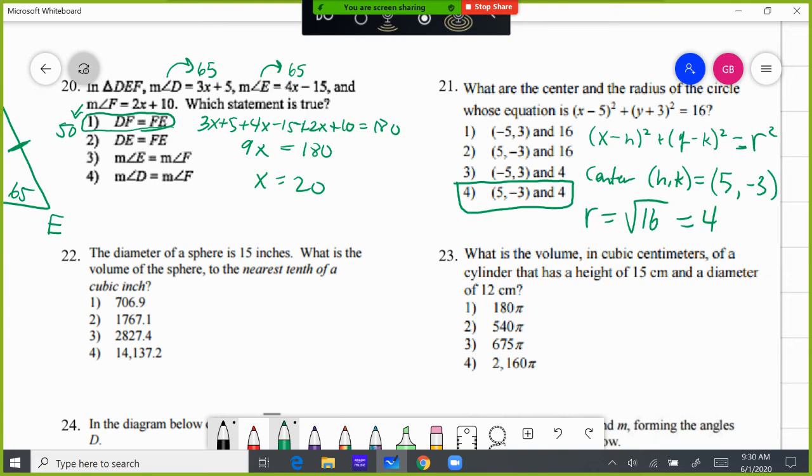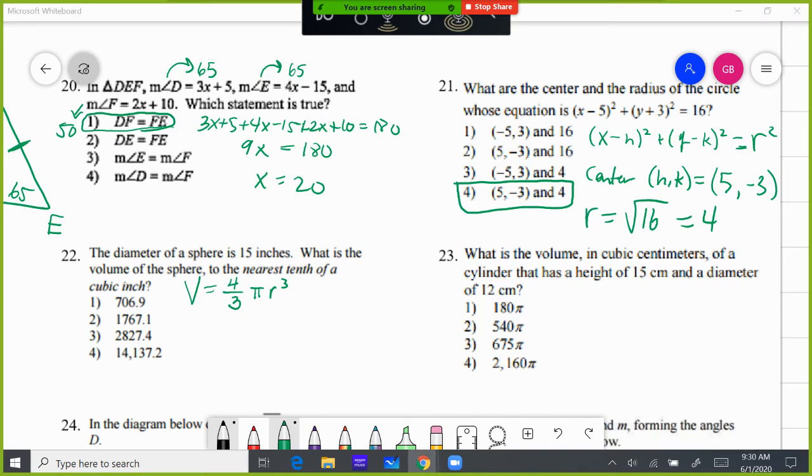Okay, 22. The diameter of a sphere is 15 inches. What is the volume of the sphere to the nearest tenth of a cubic inch? So we have to round. The volume for a sphere is 4 over 3 pi r to the third power.